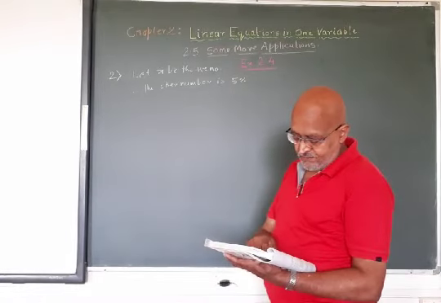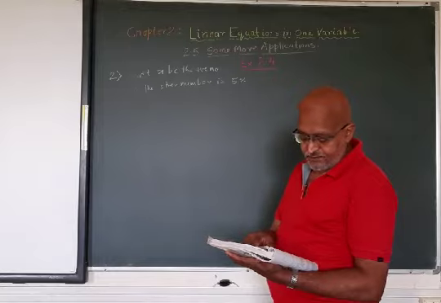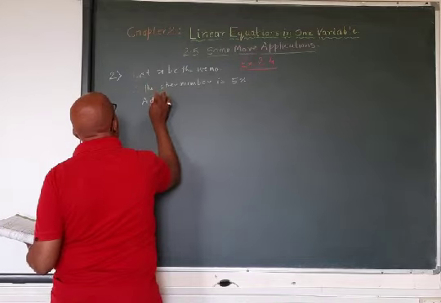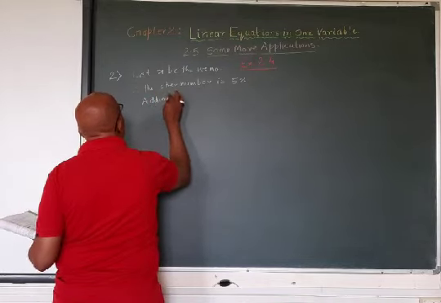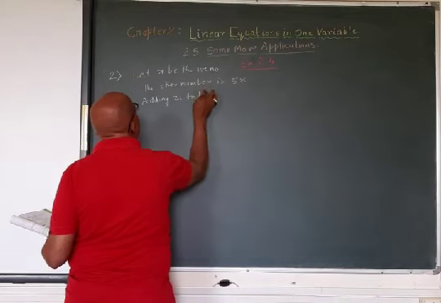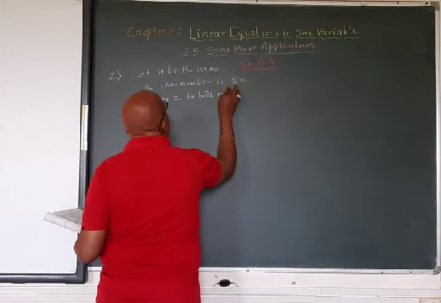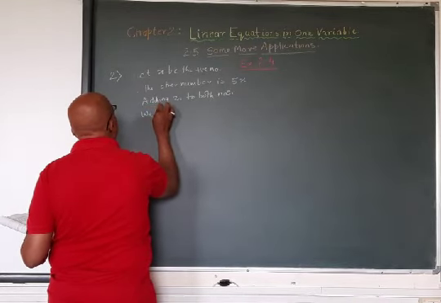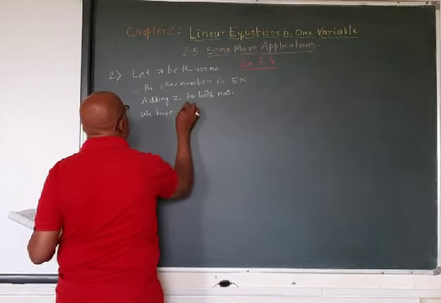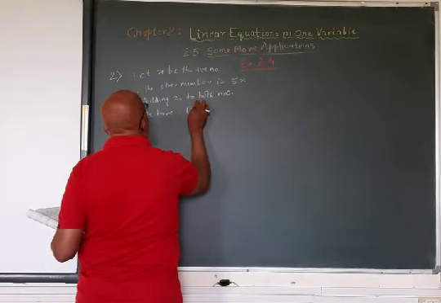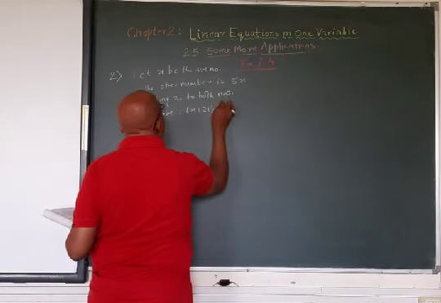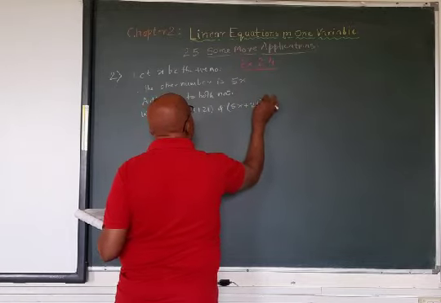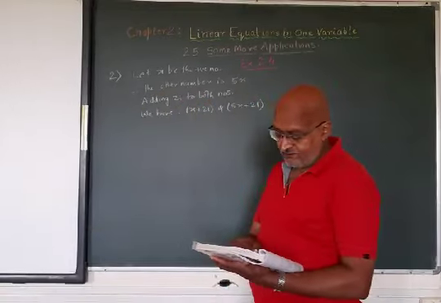If 21 is added to both the numbers, adding 21 to both numbers, we have x plus 21 and 5x plus 21. Now further, what is given?